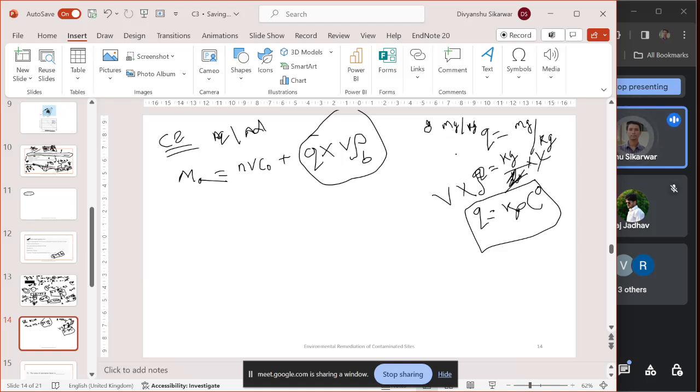So we can calculate the Q value from here, and once we have the Q value, if we know how much contaminant is there in 1 kg of soil, we can calculate the mass for volume V of soil, because we know the bulk density of the soil. So we will get this formula. If we replace the Q value, we can replace it with Kp.